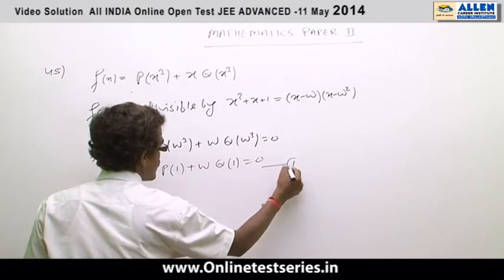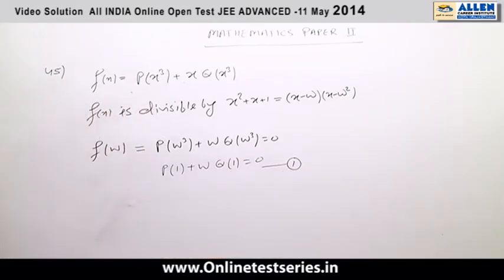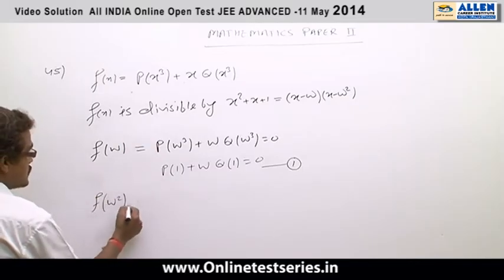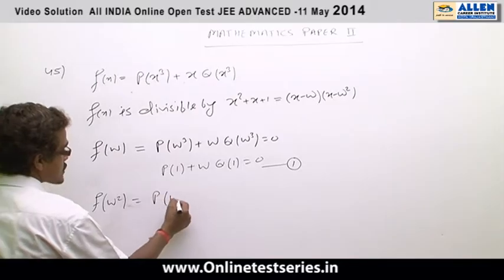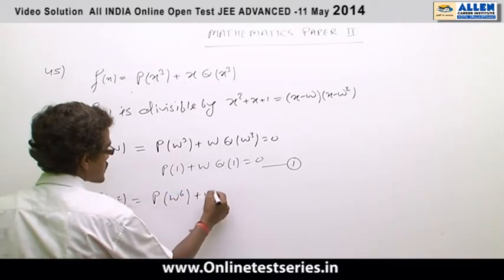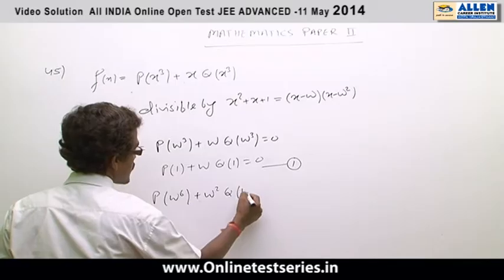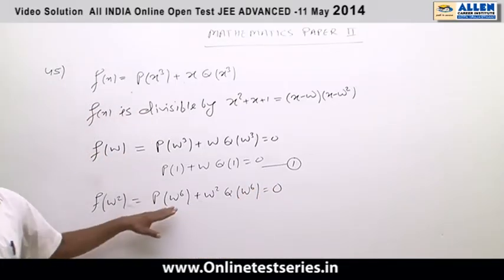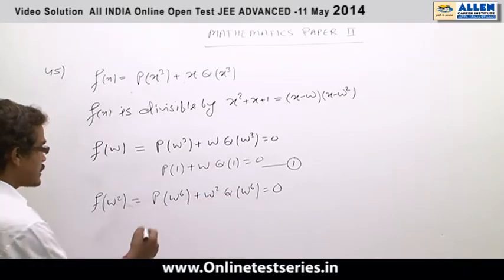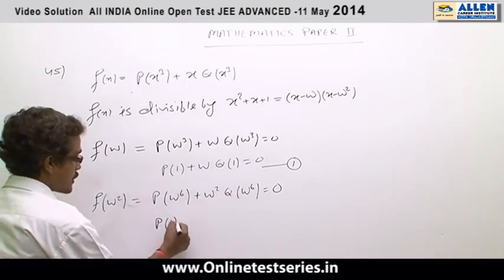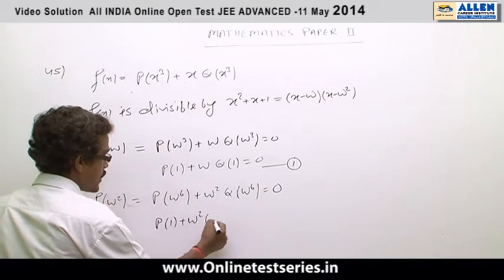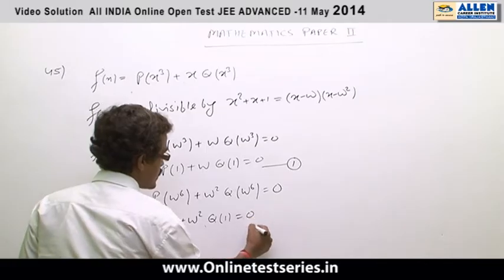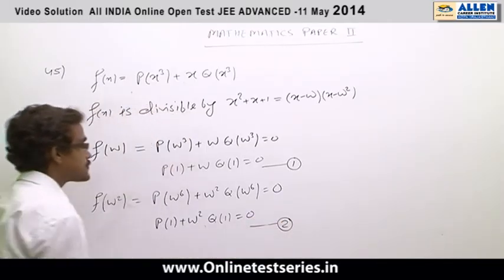Let this be equation 1. Now also f of omega square should be 0, so p of omega power 6 plus omega square q of omega power 6 will also be equal to 0, and we know that omega power 6 is also equal to 1. That's why p of 1 plus omega square q of 1 will also be equal to 0. Let this be equation 2.